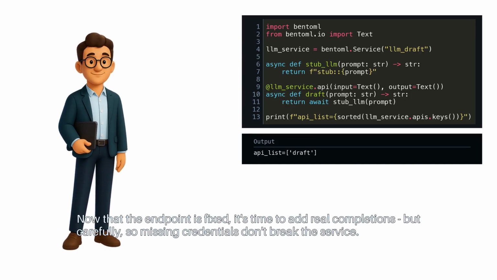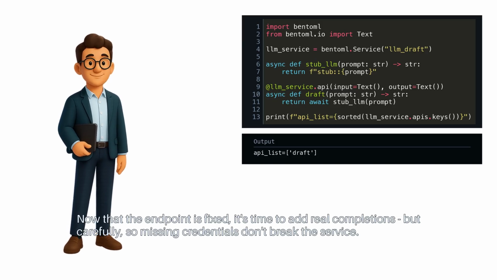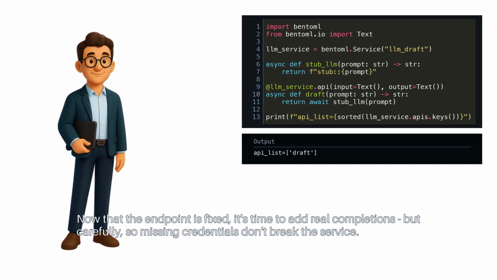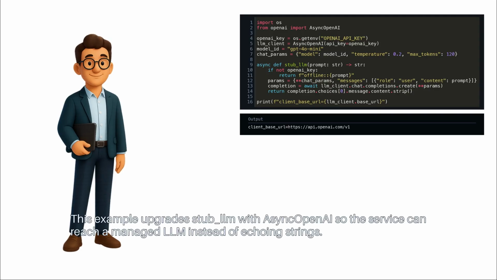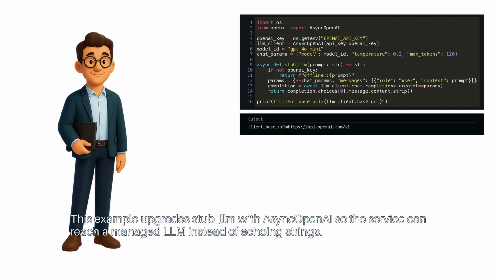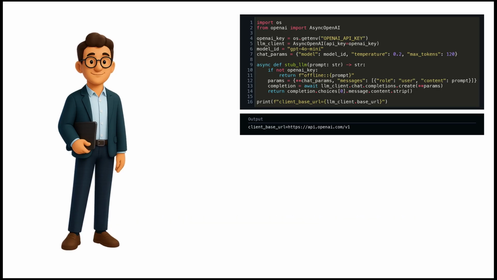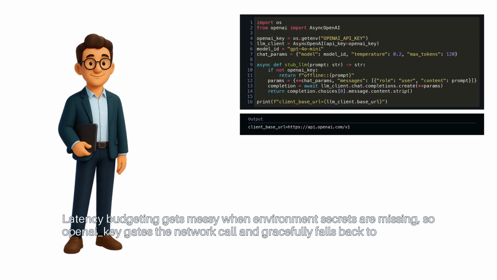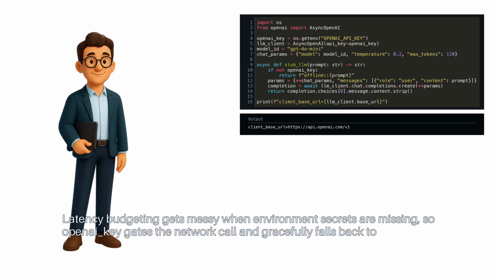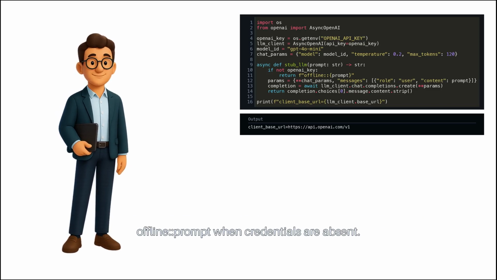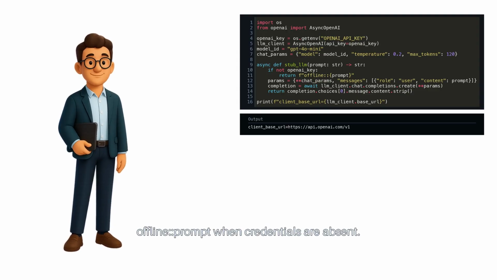Now that the endpoint is fixed, it's time to add real completions, but carefully, so missing credentials don't break the service. This example upgrades stub_llm with AsyncOpenAI, so the service can reach a managed LLM instead of echoing strings. Latency budgeting gets messy when environment secrets are missing, so the OpenAI key gates the network call and gracefully falls back to an offline prompt when credentials are absent.